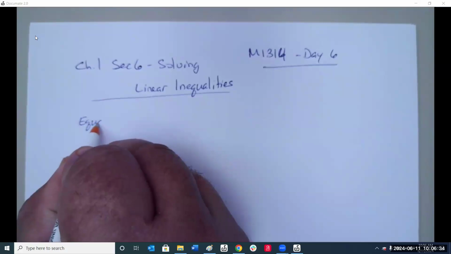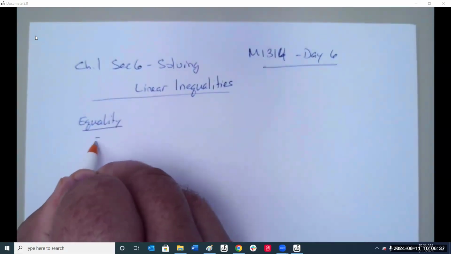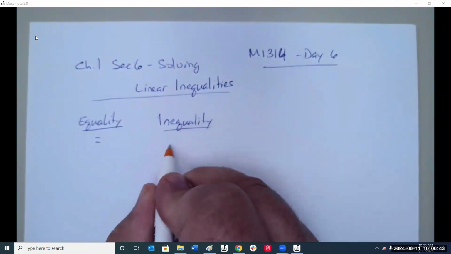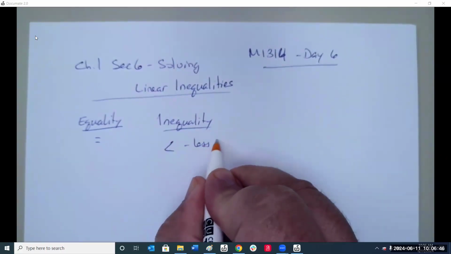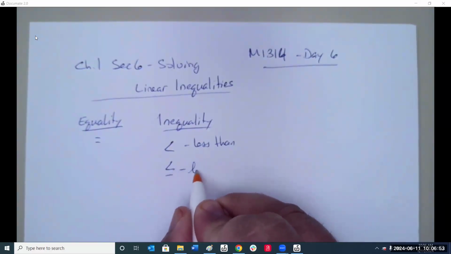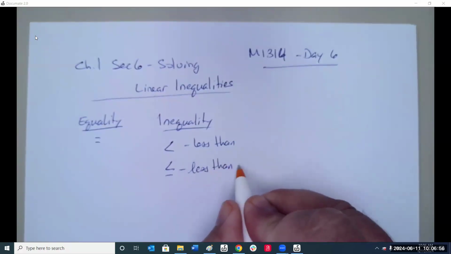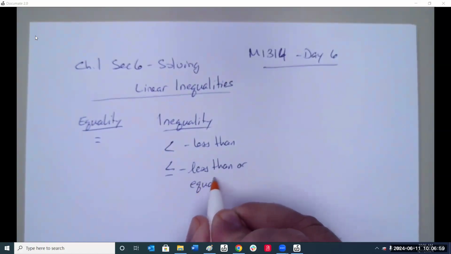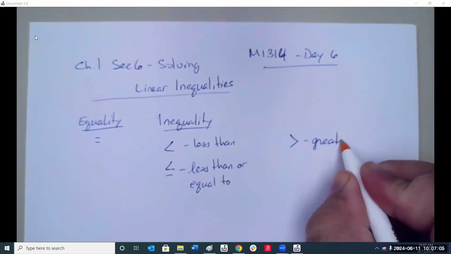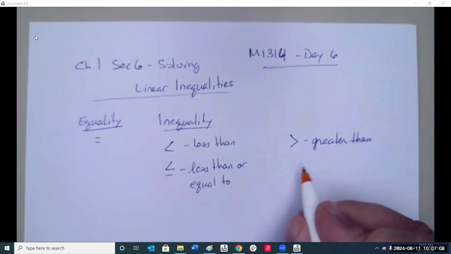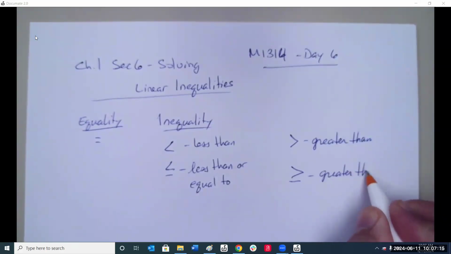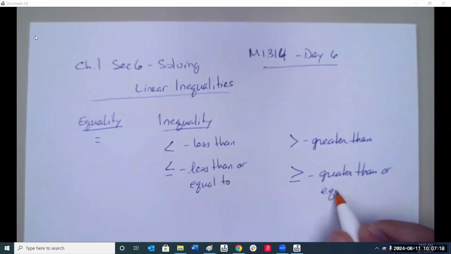Equalities is the equal sign. Inequality is less than, less than or equal to, greater than, and greater than or equal to.